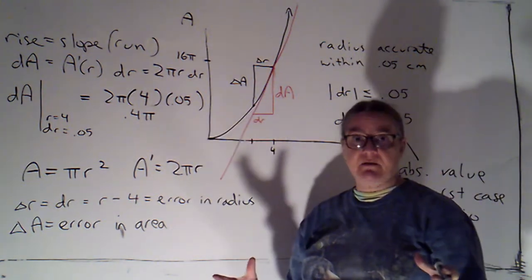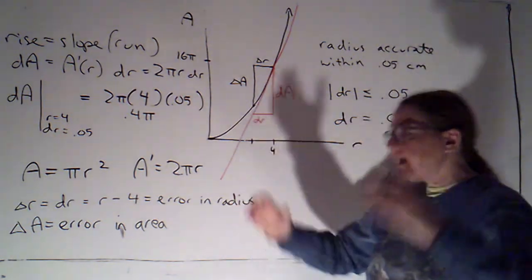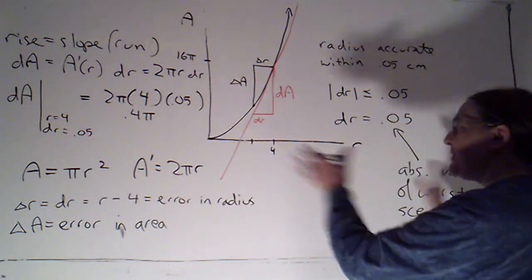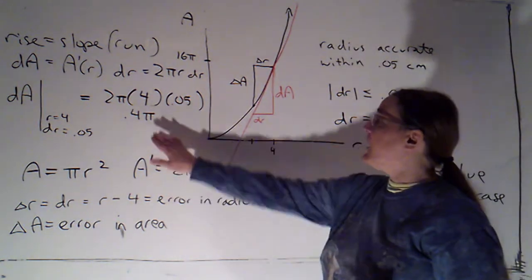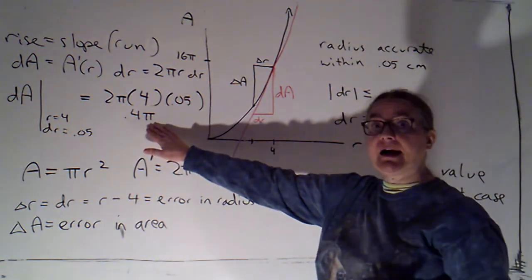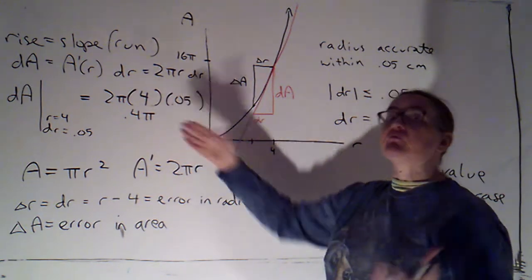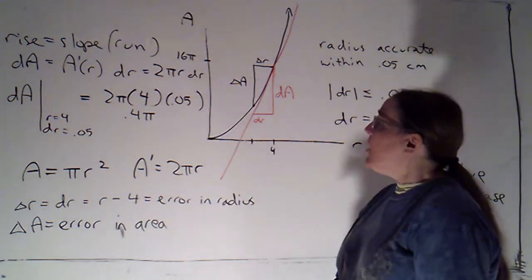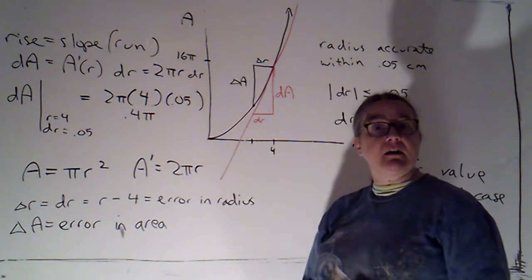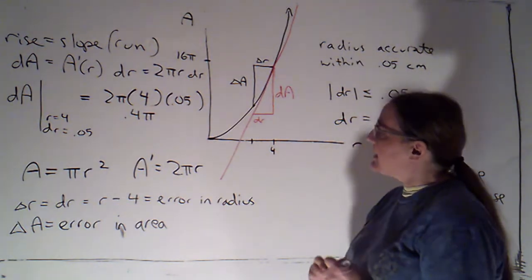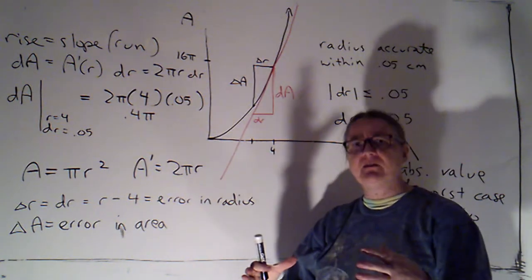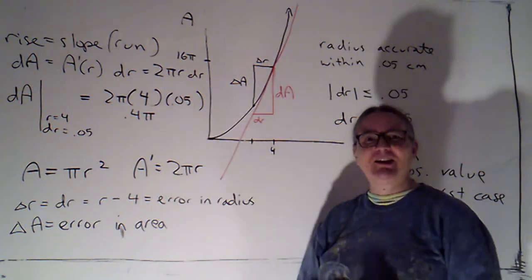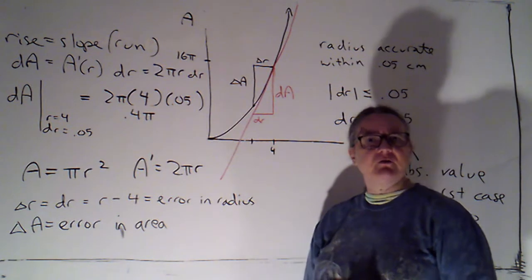So we would estimate that the worst case scenario, if we measure the radius as wrong as we're going to get it, is that the area would be off by 0.4 pi square centimeters. It's an estimate, okay, but sometimes that's good enough. If I can estimate that that's the worst case scenario and that's safely within the realm of how much material I have to work with, I'm not too concerned.